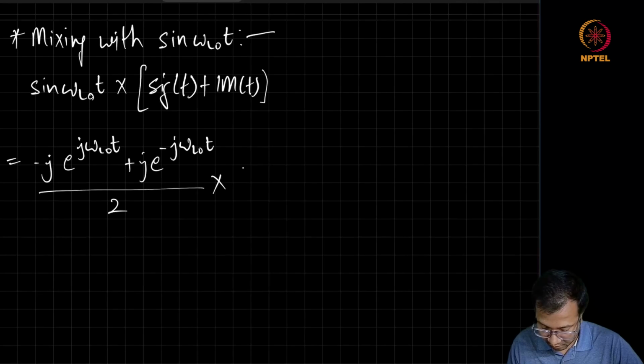This is getting multiplied with signal and image.